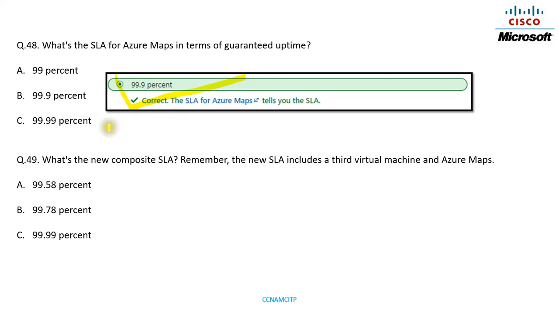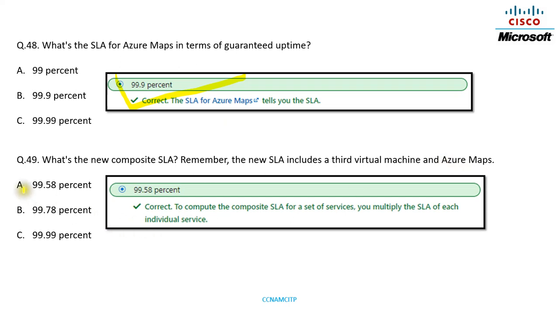And what is the new composite SLA? Remember, the new SLA includes a third virtual machine and Azure Maps. So it will definitely change. Okay, it got 58% now because it got one third virtual machine.